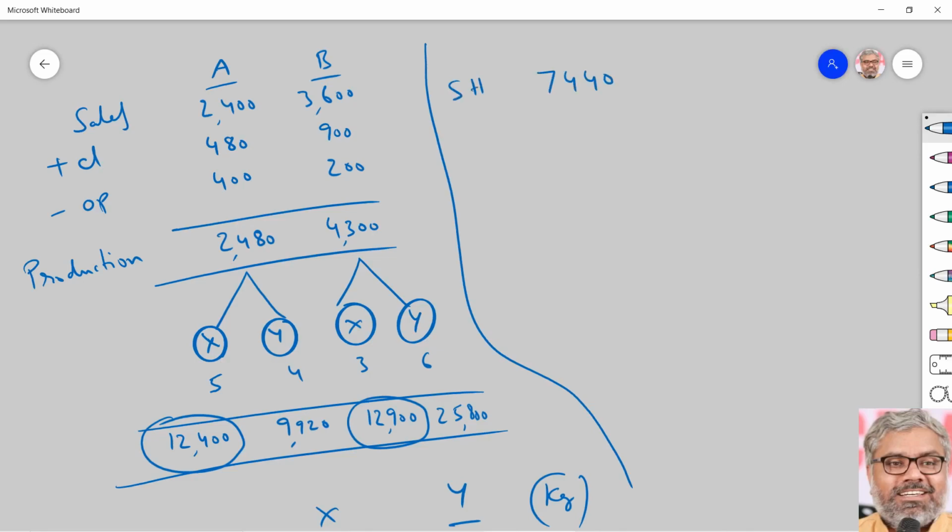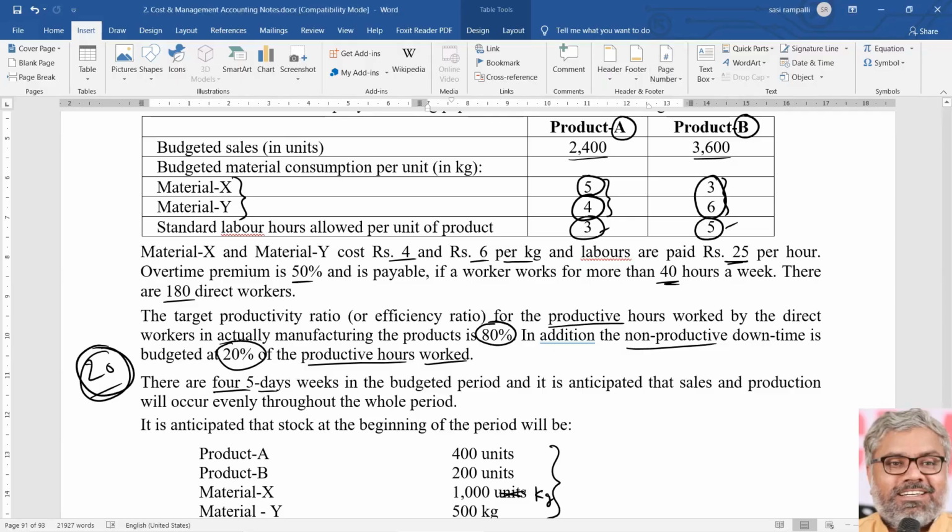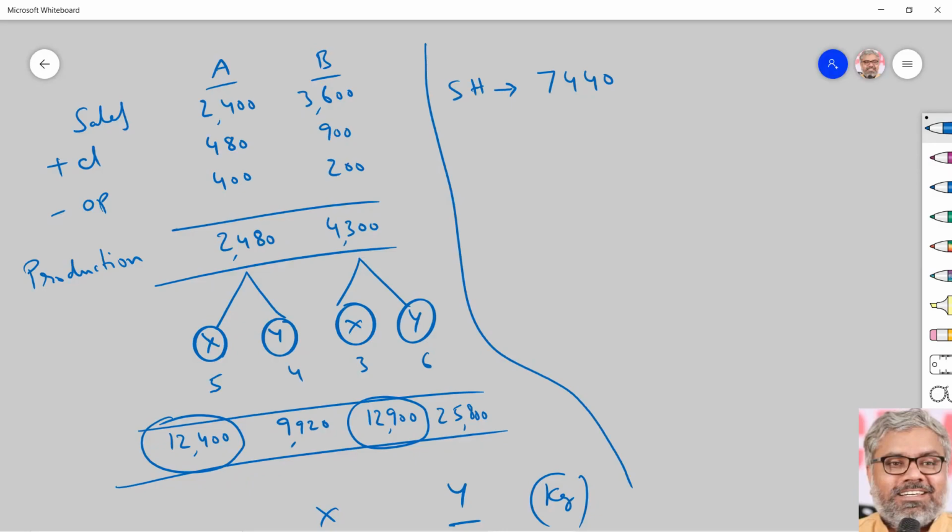That we can call standard hours required for actual output. 7440 hours. And 4300 into 5. That can be called also the standard hours required for actual output for unit B. That comes to 21,500 hours.